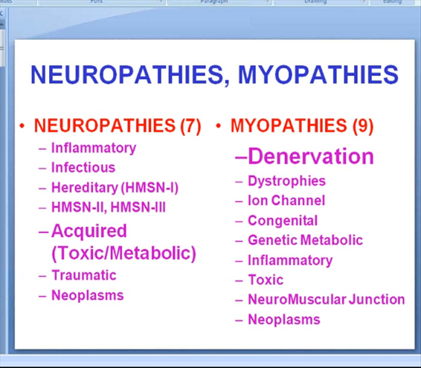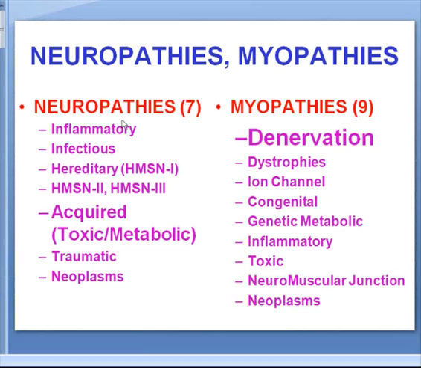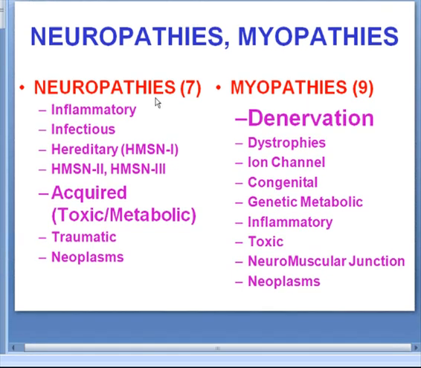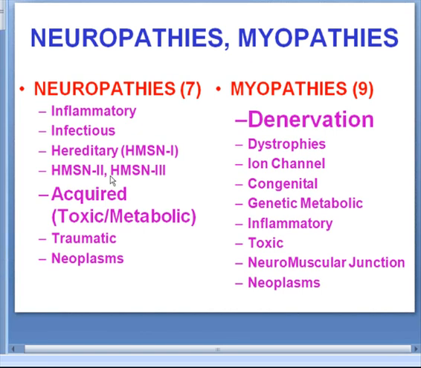So in the first part of the session today, we'll talk about 7 really, really nice, common, hopefully easy to understand neuropathies, following the same pathologic classifications that we've been doing all throughout the year. We'll talk about the prime example of an inflammatory neuropathy, an infectious one, which is an inflammatory with a pathogenic etiology.